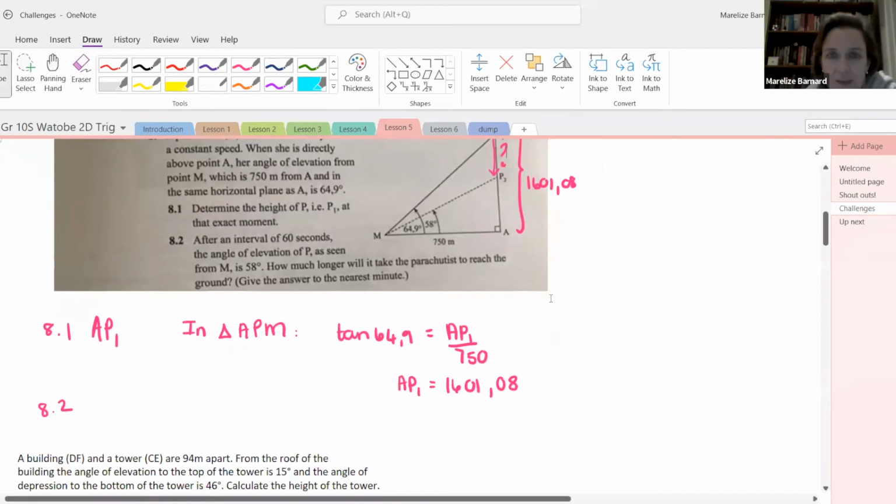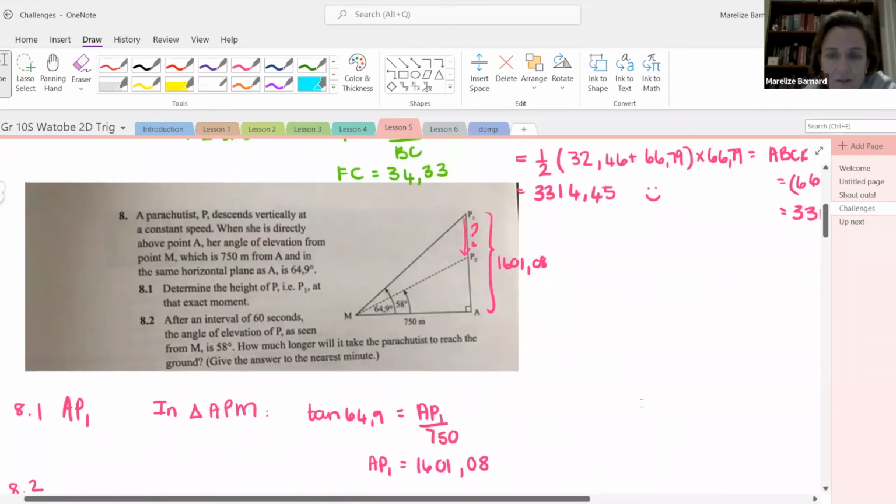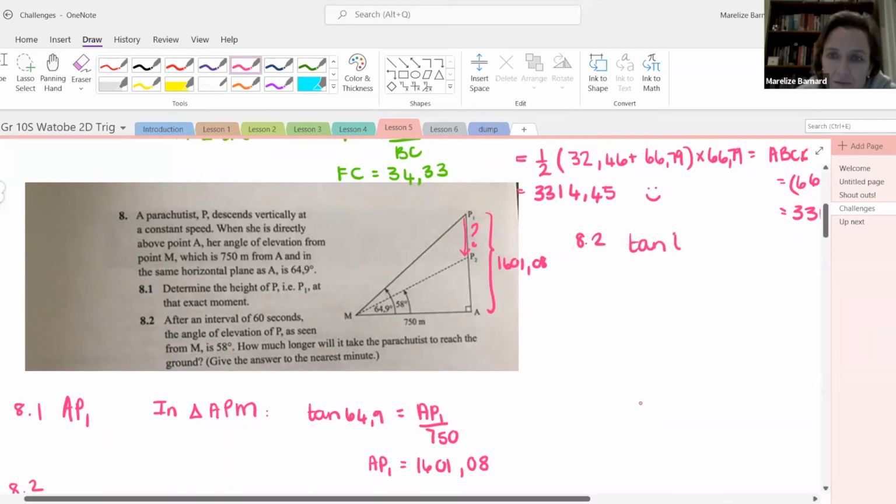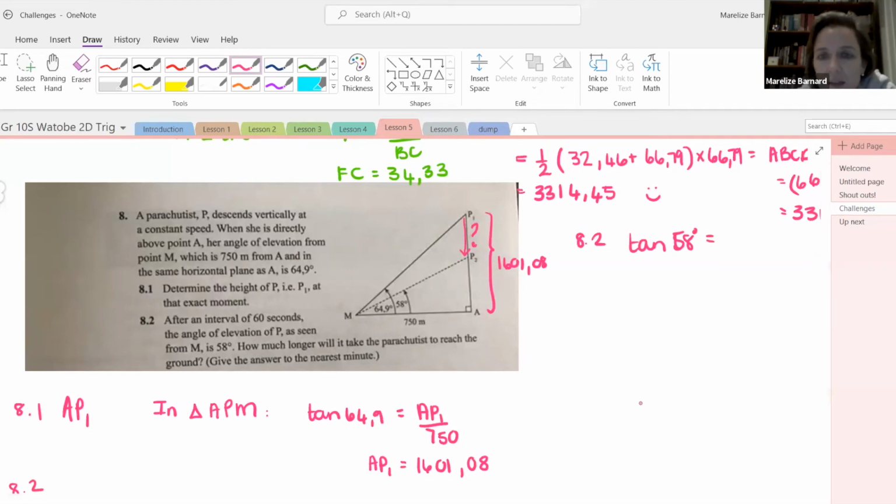I'm running out of space here. So let me do that. Okay, so I'm going to do 8.2 here, and we can do tan. Tan is 58 this time around, and it's AP2 over 750.